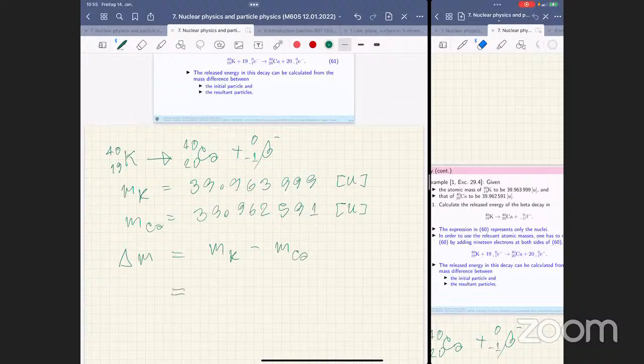Once you make the subtraction, you can look at the difference by eye here. This is number 8. This is number 0. This is number 4. This is number 1. And you have 2 0 here. And that's the atomic mass unit, the unit for the excess mass.